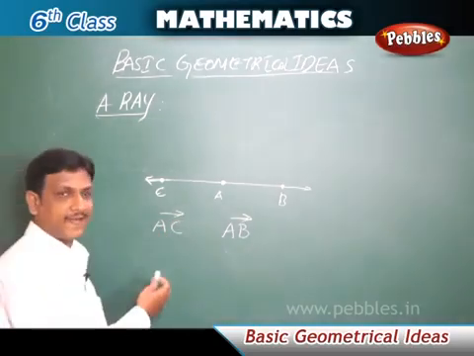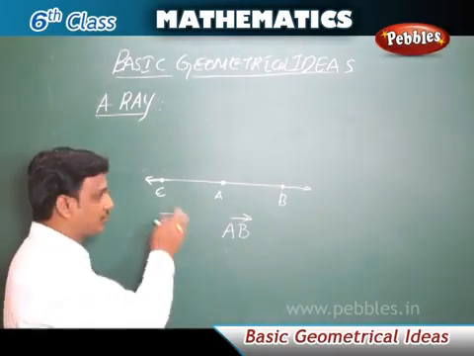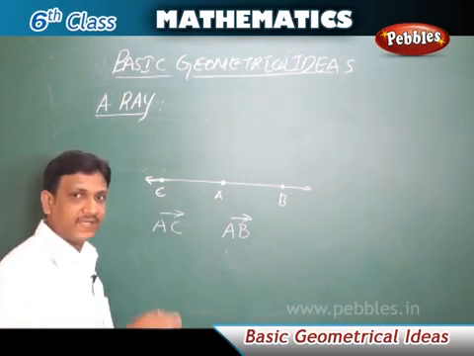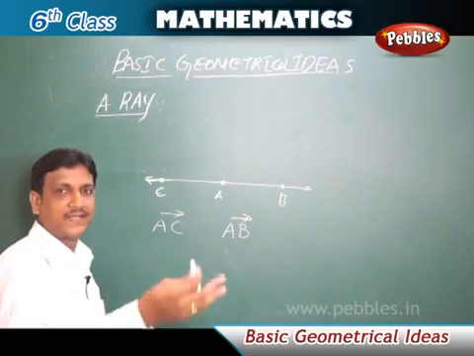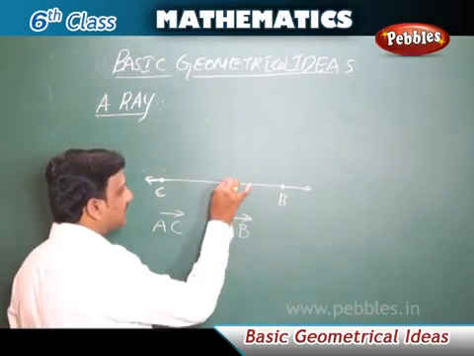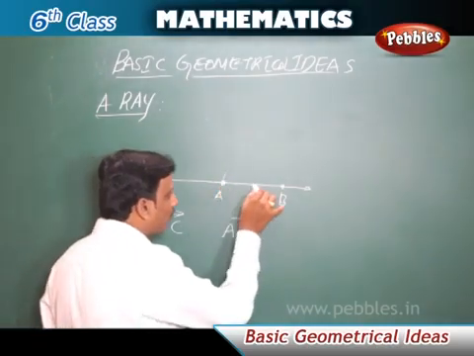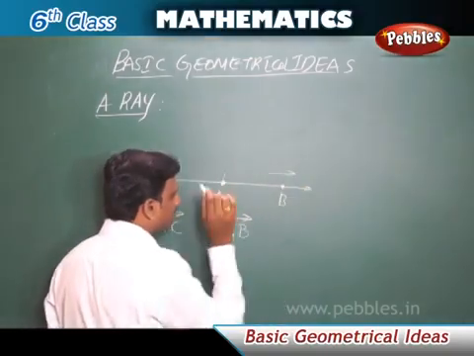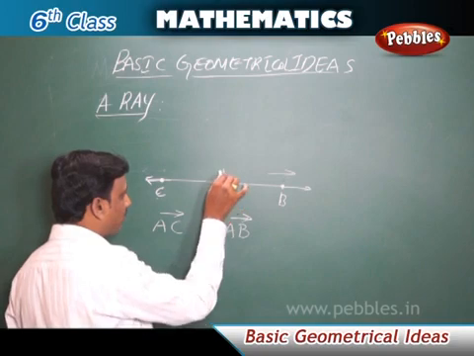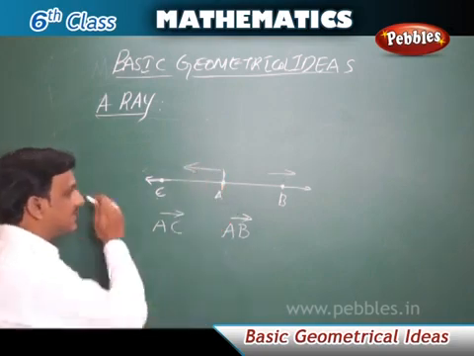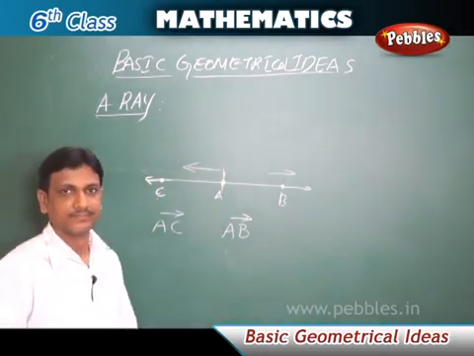So how do we define a ray? A ray is a portion of a line which starts at a point and goes endlessly in one direction. Here this ray starts at this point and goes endlessly in this direction. And this ray AC starts here at this point and goes endlessly in this direction.